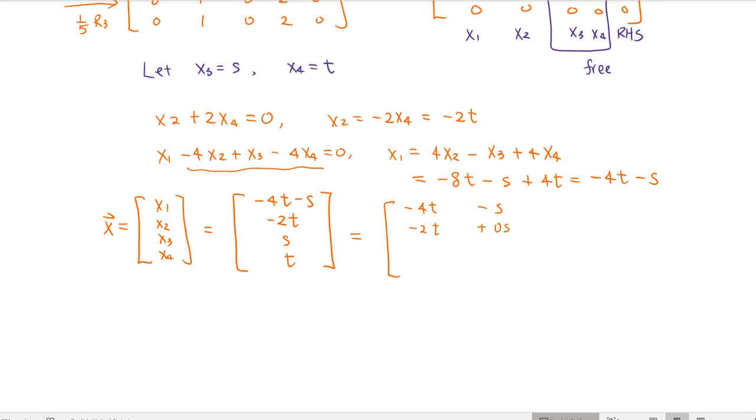You can imagine it's like 0 times s. And here has no t, you can think of it like 0 times t. And here has no s, you can think of 0 times s. So now, after you separate them, you can pull out the t. Coefficient of t is minus 4, minus 2, 0, 1. Coefficient of s is minus 1, 0, 1, 0.